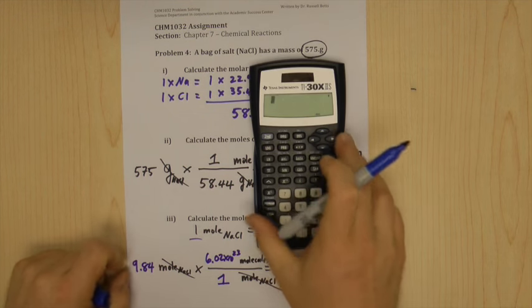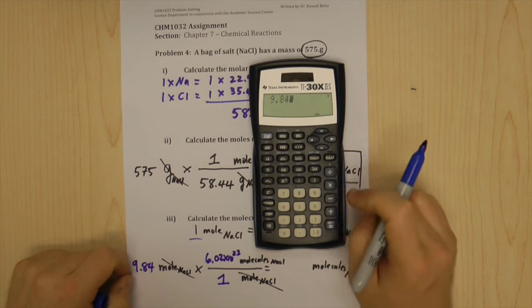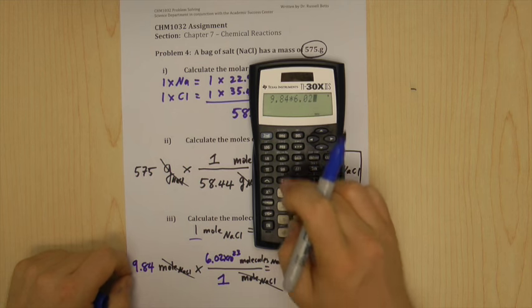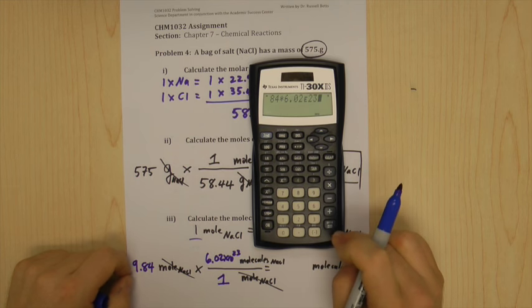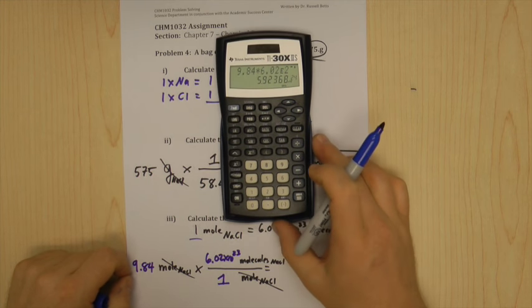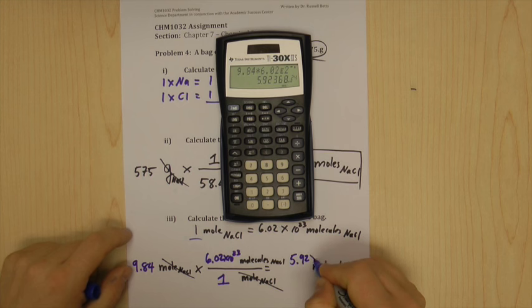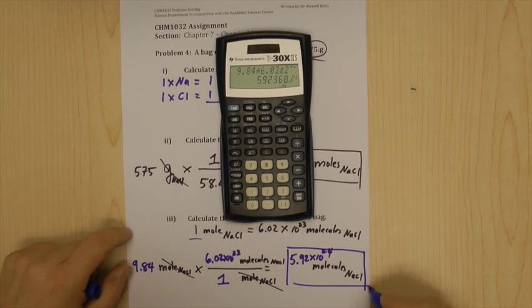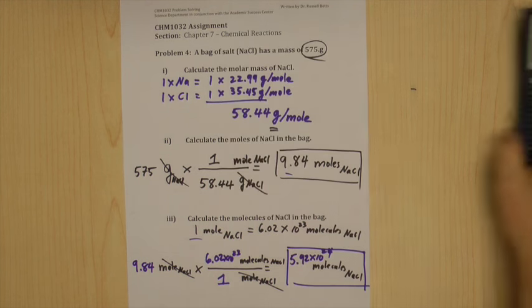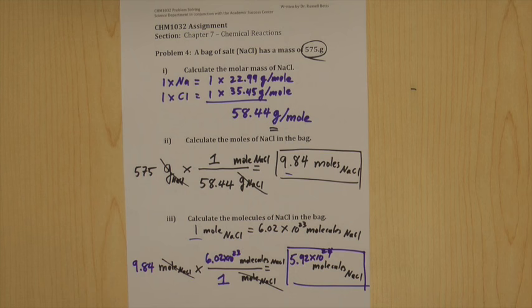Let's get out our calculator. 9.84 multiplied by 6.02 exponent 23 equals, and keeping in mind our significant figures, it will be 5.92 times 10 to the 24 molecules of sodium chloride in that bag. So that is how you solve that question.